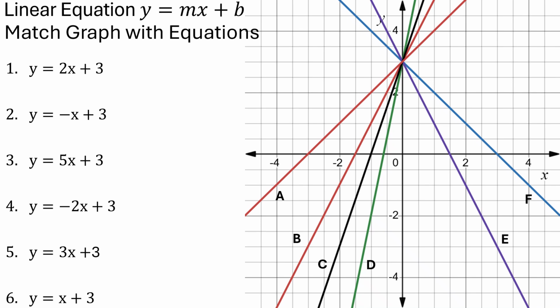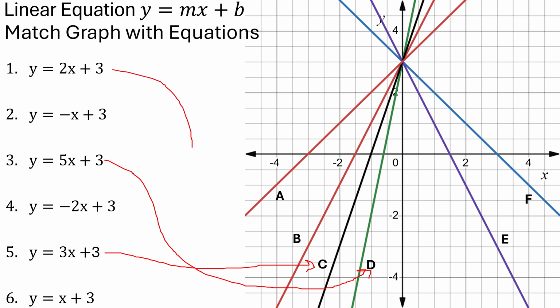So 5x is the steepest. So that's going to be D. Next steep is C, and so that's going to be the 3x term. And then line B will be 2x plus 3. And then line 6 will be associated with A.